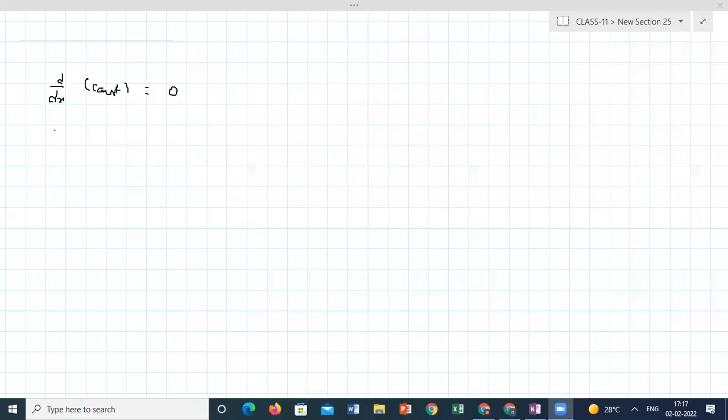d by dx of a constant is equal to 0. I'm not sharing the screen, sorry students. The proofs for a few of these I already explained, like sin x, tan x, cos x.